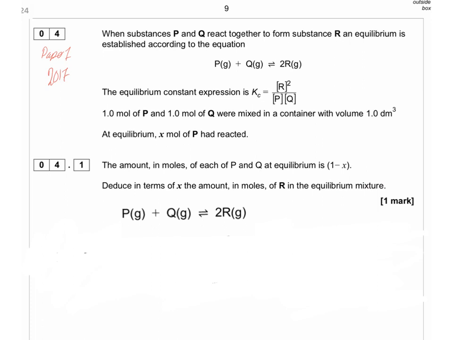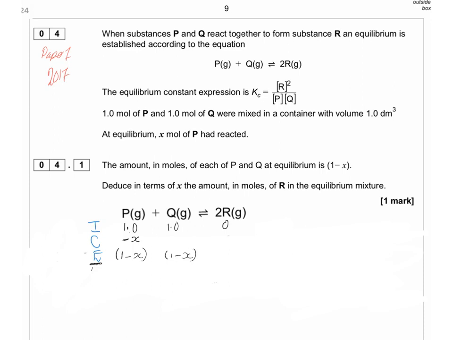So what we're going to do here is apply our ICE rules. So we have been given the amount in moles at equilibrium of both P and Q. They have told us that we are left with 1 minus X moles of P and 1 minus X moles of Q. So what was the change? Well, it's gone down by X moles.